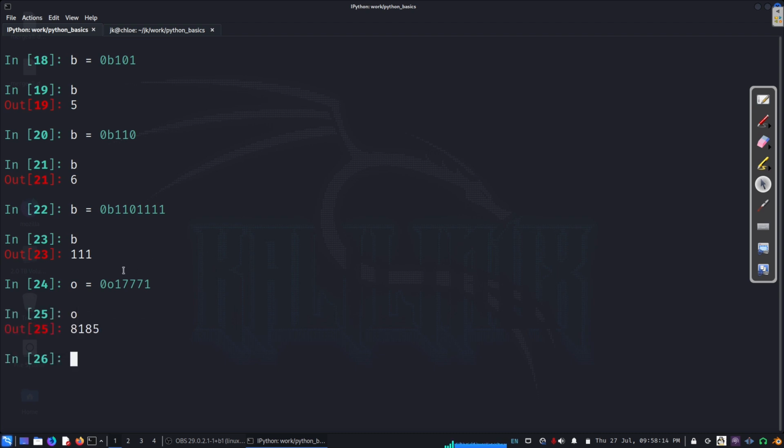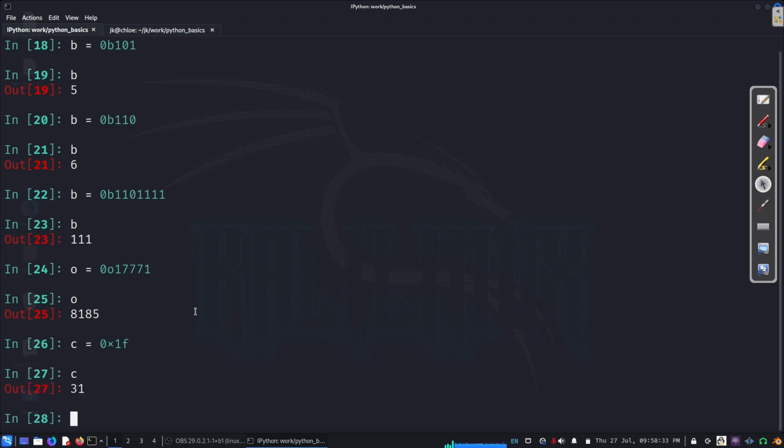So this octal number corresponds to this decimal number. And we also have hex numbers, right? Suppose I say C equal to, I'll write 0x 1F, for example, right? We already saw that is 31.